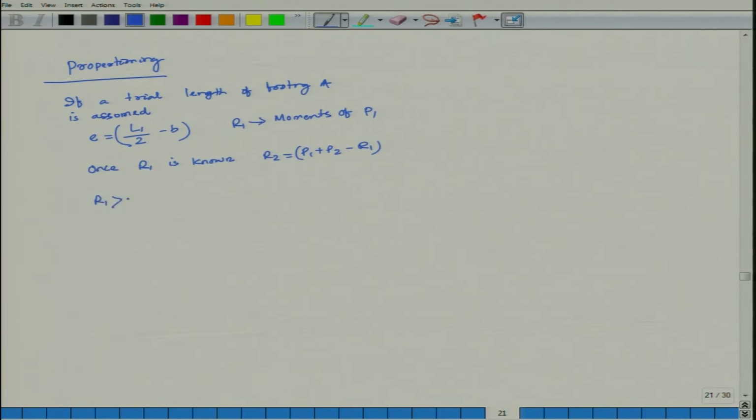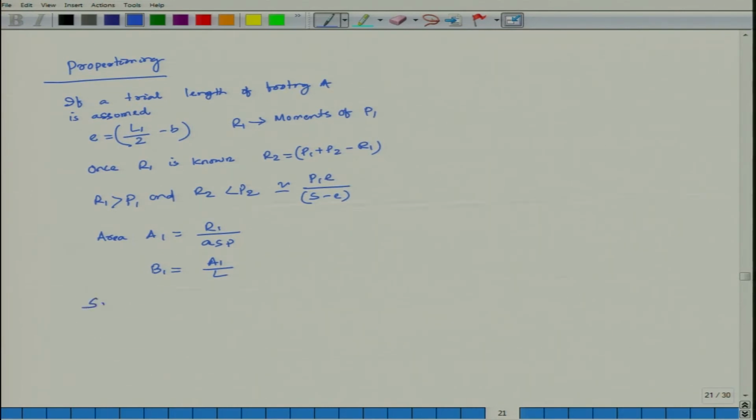If R1 is greater than P1 and R2 is less than P2, that means P1E by S minus E, then area A1 is equal to R1 by ASP, allowable safe bearing pressure ASP, then B1 is equal to A1 by L1.